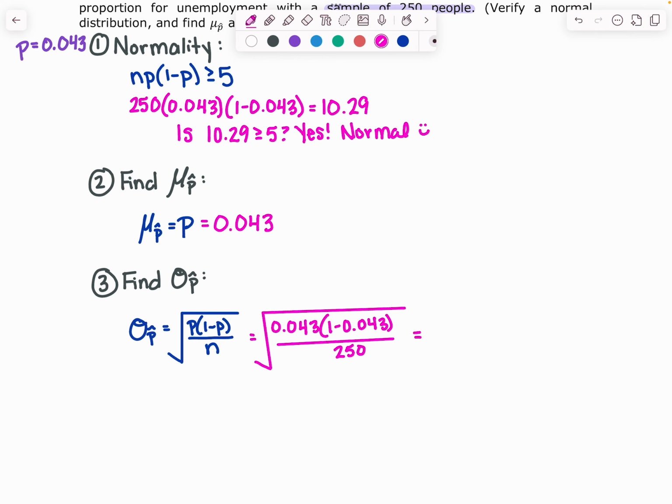Now I can do this in my calculator all at once by doing square root and opening parentheses and doing 0.043 open parentheses 1 minus 0.043 close parentheses divided by 250 and then close the parentheses that opened with my square root.